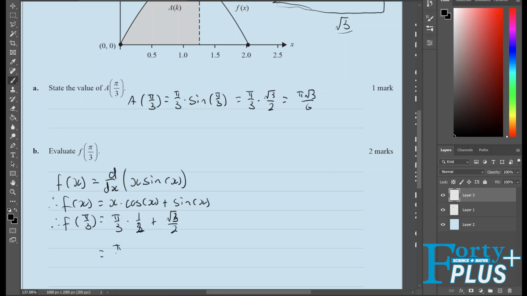So that's going to equal pi over 6 plus root 3 over 2. We'll put them over a common denominator. Pi on 6 plus 3 root 3 on 2. And that equals pi plus 3 root 3. Sorry, that's supposed to be on 6.